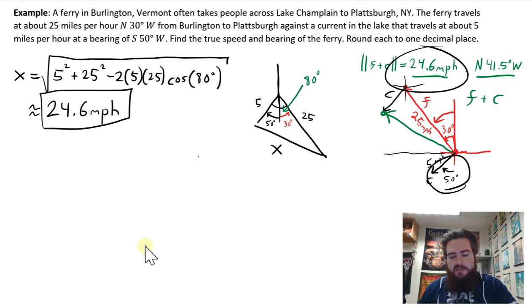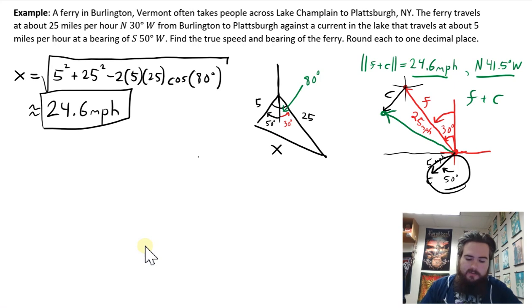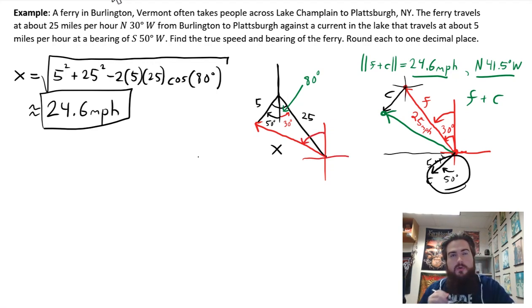But now we need to get the bearing. Well, to get the bearing for the vector for the current, which I will draw in red in this triangle down here, the bearing is supposed to be from north. So I need to find the angle measure from north to this vector.